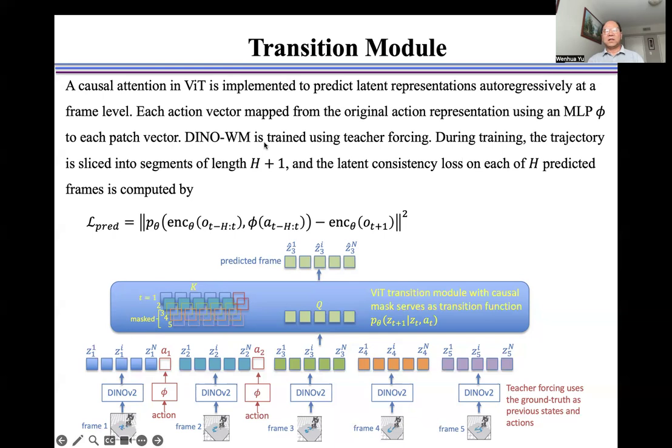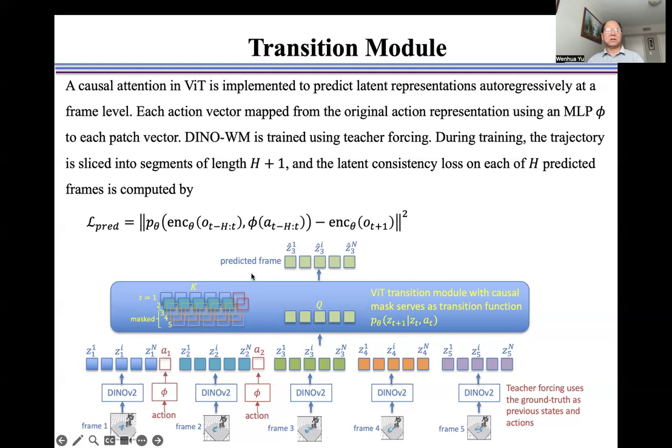The DINO-WM model is trained using teacher forcing as shown here. During training, the trajectory is sliced into segments of length H+1, and the latent consistency loss on each of the H predicted frames is computed using this formulation.